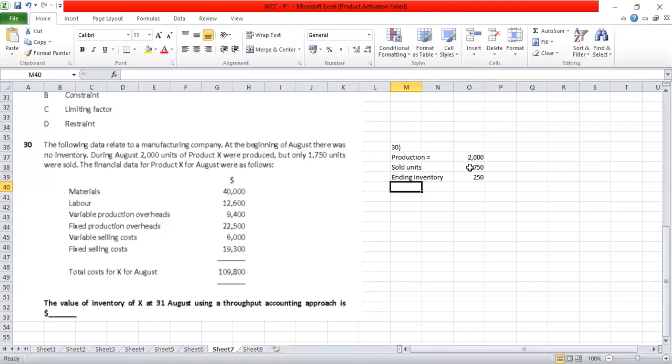The only point we understand here is that material is the only production cost which is incurred. The rest of them are all taken as fixed costs. Fixed costs are not charged to the ending inventory under throughput costing.